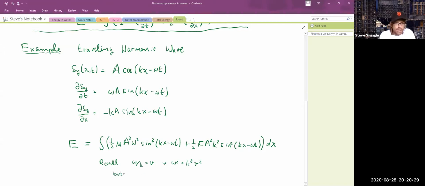But v squared is equal to the tension divided by the linear density. So omega squared is actually equal to k squared F over mu. And if I put that in for omega here, all these terms right here would end up being exactly the same as all these terms right here.